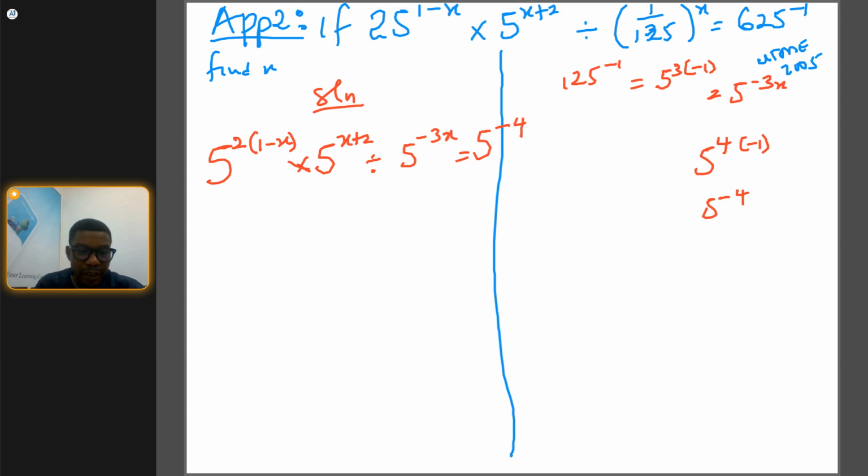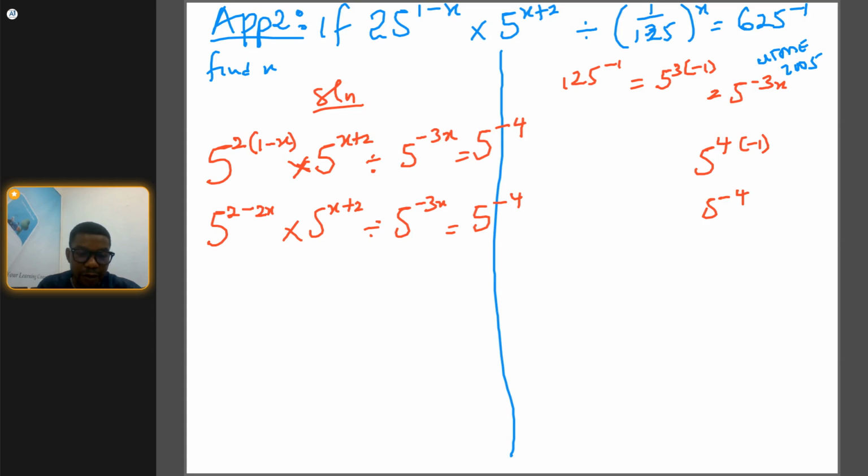Now we have to apply the rule of indices. 5 raised to power 2 times 1 is 2, minus 2 times x is 2x, multiplied by 5 raised to power x plus 2, divided by 5 raised to power minus 3x, equals to 5 raised to power minus 4. Law of indices: multiplication changes to addition.